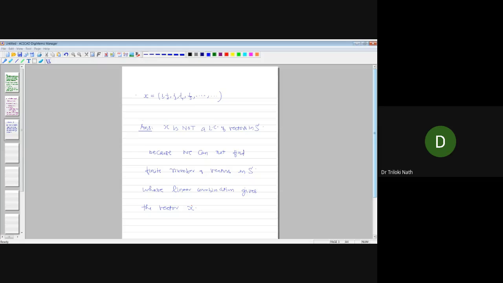E1 has only one non-zero term, that is at the first place. E2 has only one non-zero term, that is 1 at the second place, and so on.